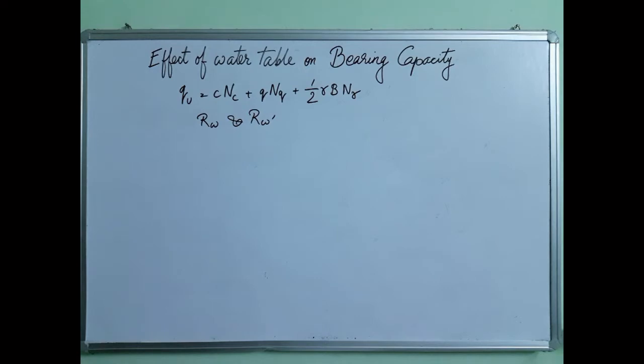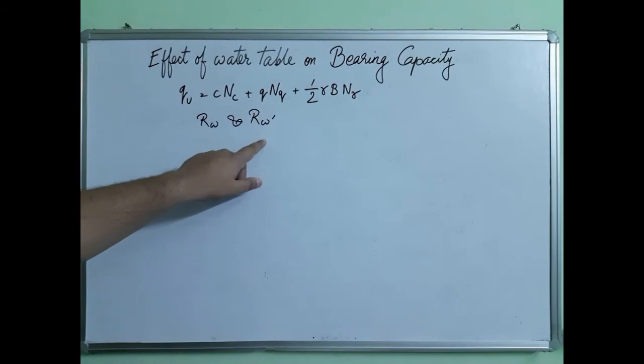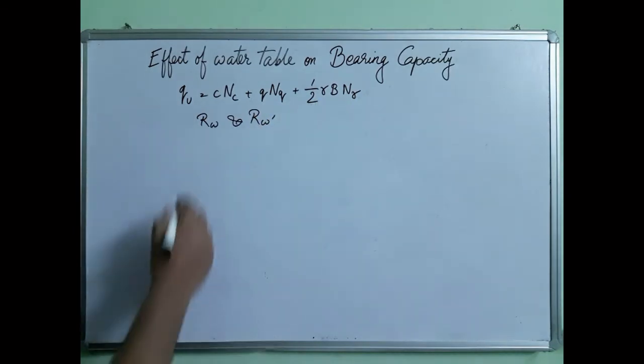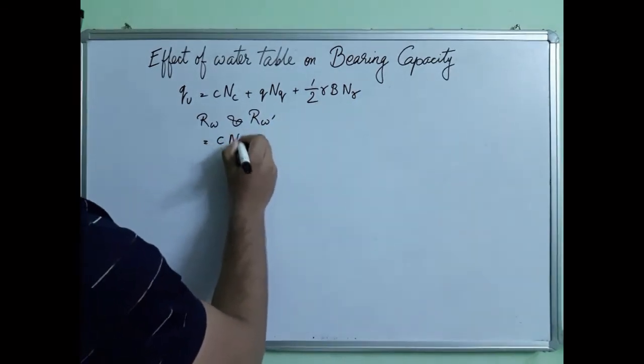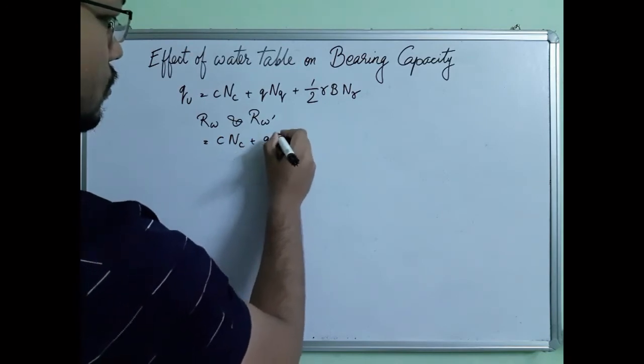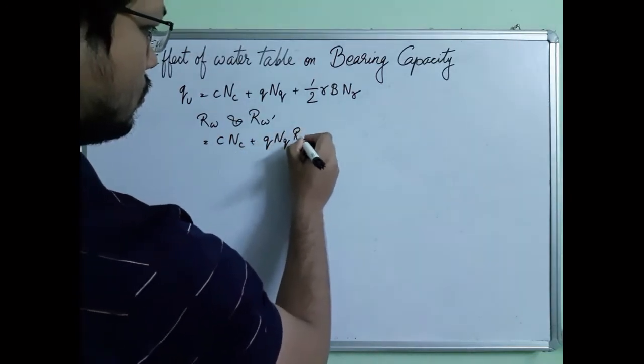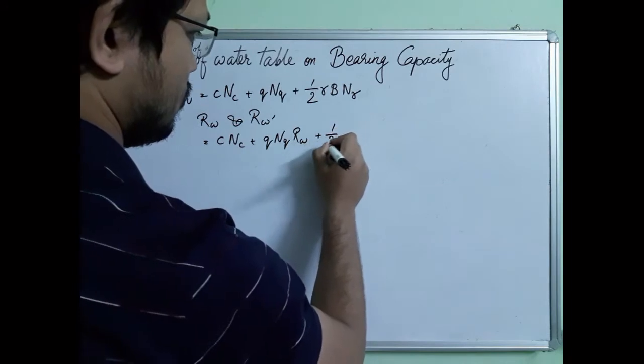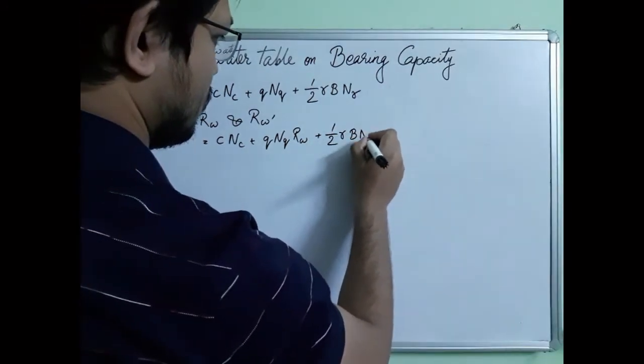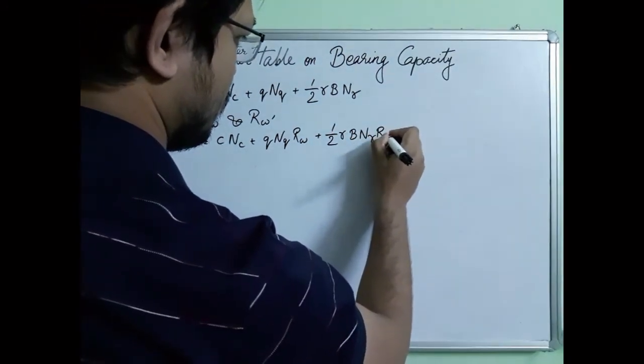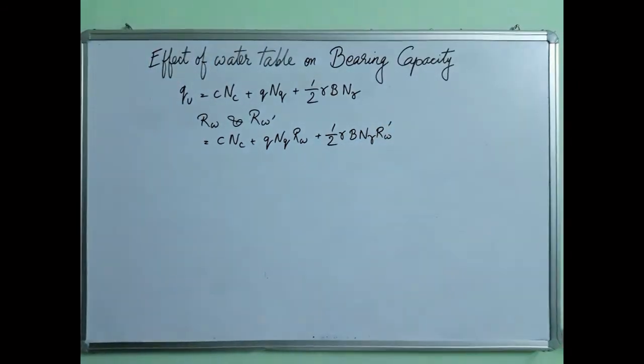Now what we will do is we will multiply Rw with this term and Rw dash with this term. Okay, so now how do these two terms work?